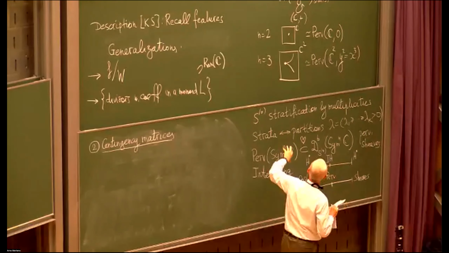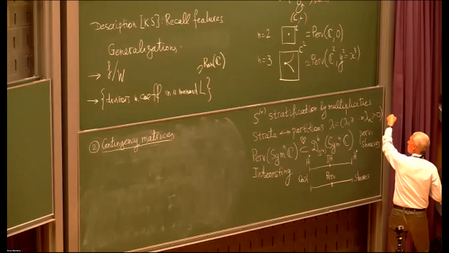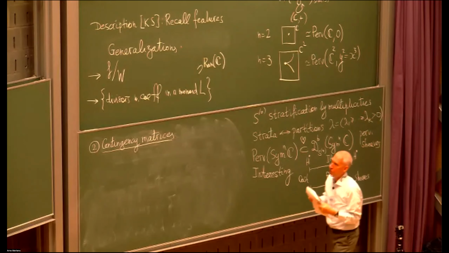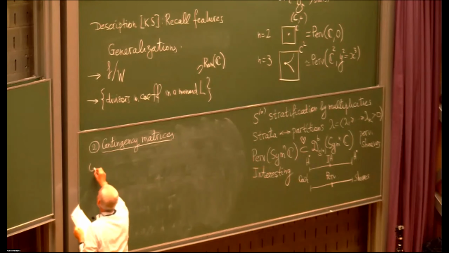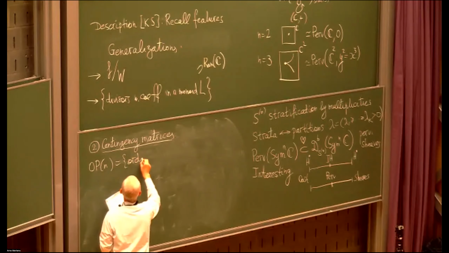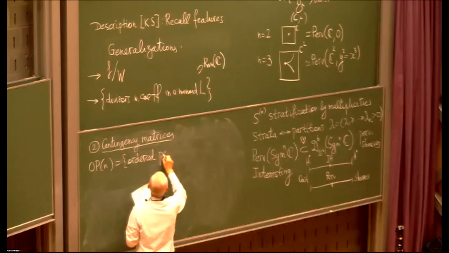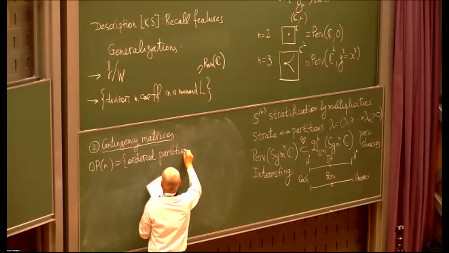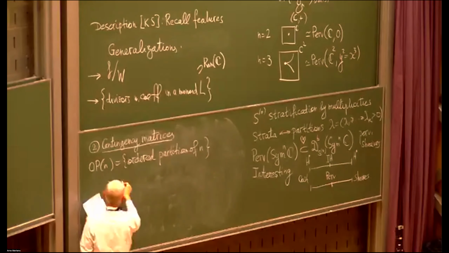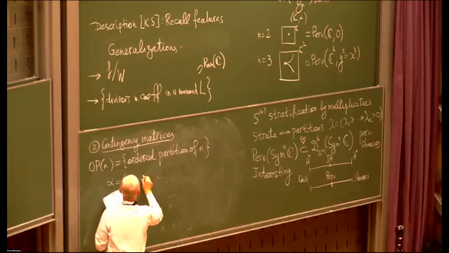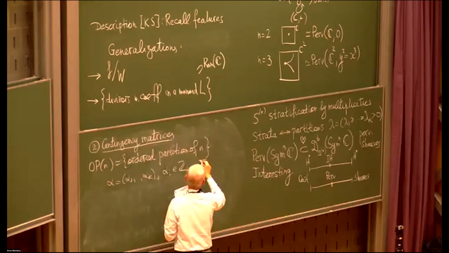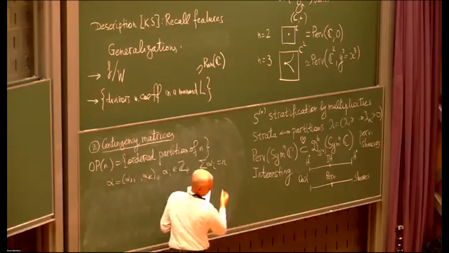The meaning is the decomposition of a number into a sum of the lambda i's modulo permutations, and we order them just to fix this. I consider the set OP of n, the set of ordered partitions. It's a set of vectors alpha 1, ..., alpha k, with alpha i in Z plus, and the sum of alpha i equals n.